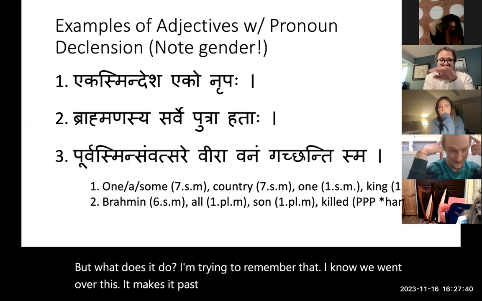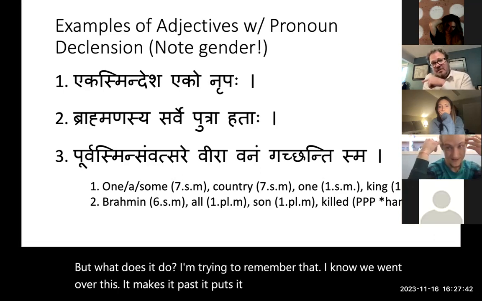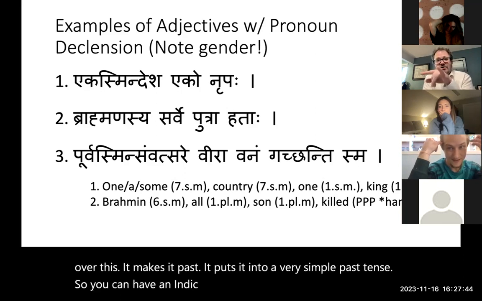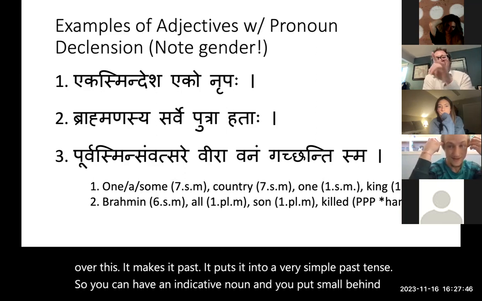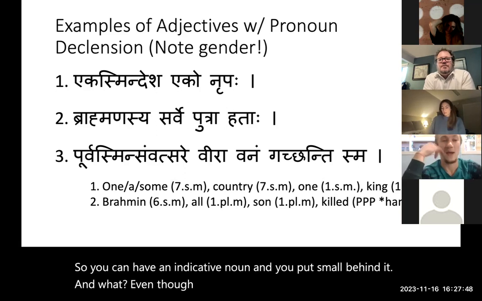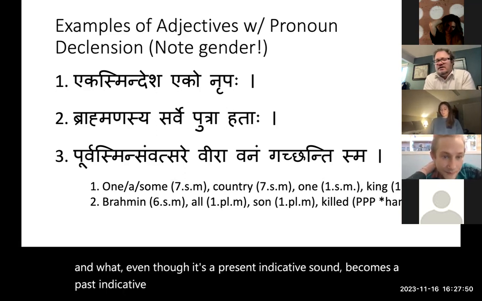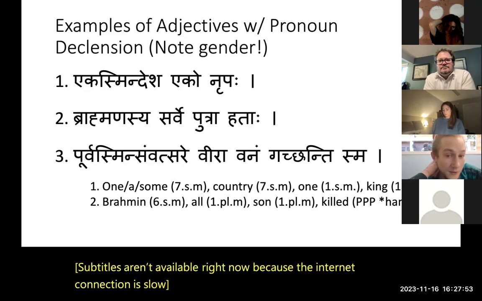You can have a present indicative verb, and you put sma behind it, and even though it sounds present, it becomes a past indicative. So gachanti, is that plural, singular, dual? Plural. So gachanti sma: they went.